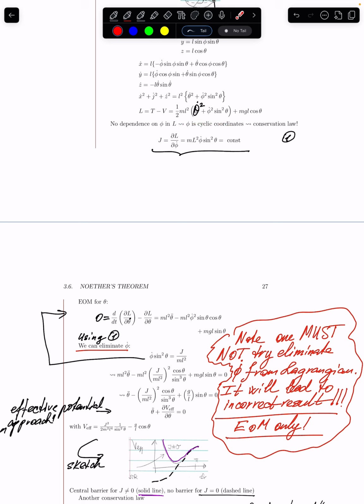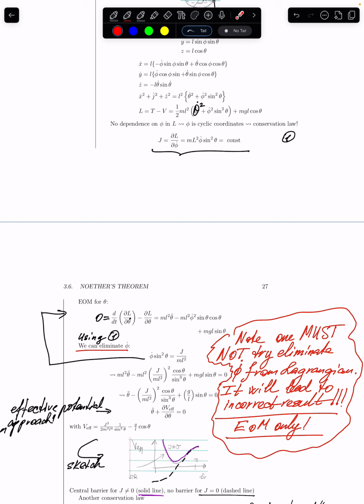It is regardless of what conservation laws we are talking about, whether it is energy conservation or, in this case, conservation of angular momentum. You cannot substitute those conservation laws into the Lagrangian. You can only eliminate things on the level of the equations of motion.